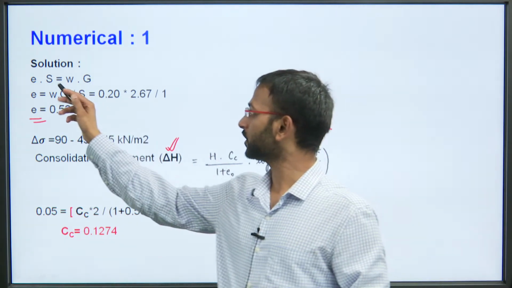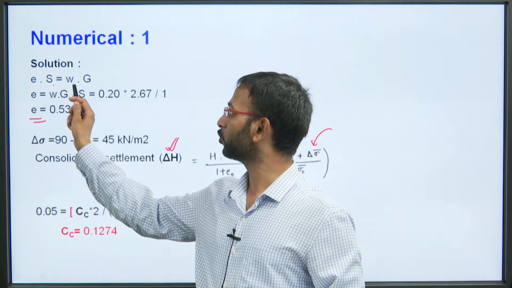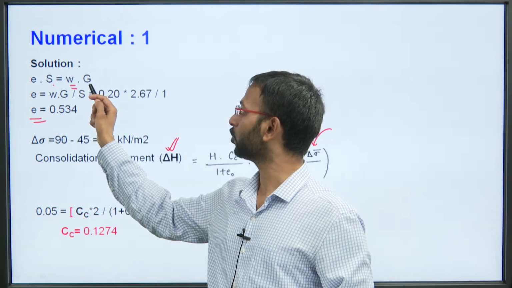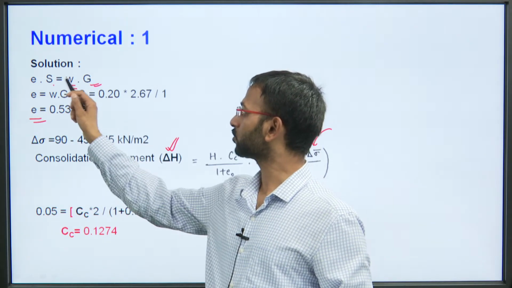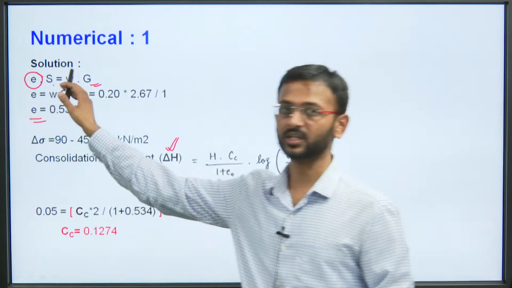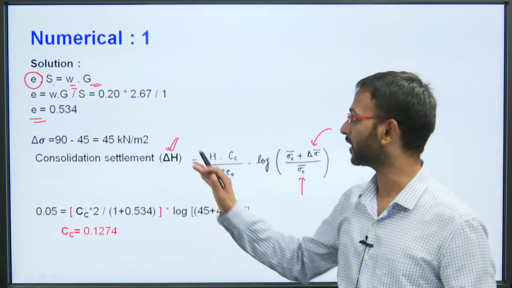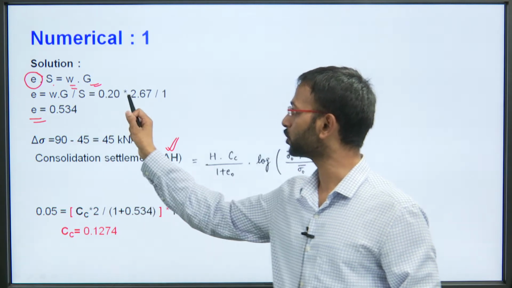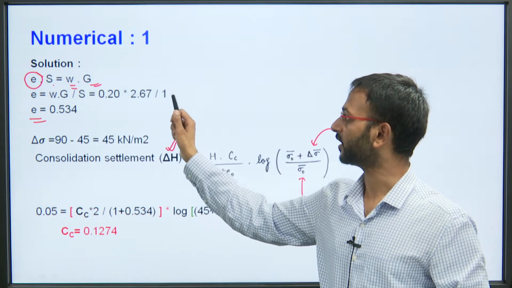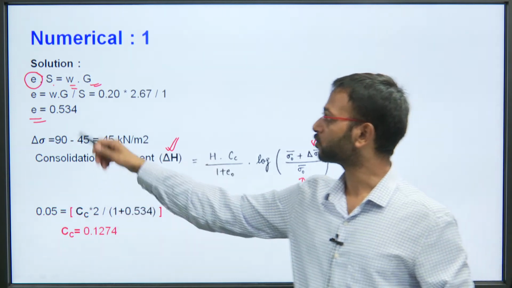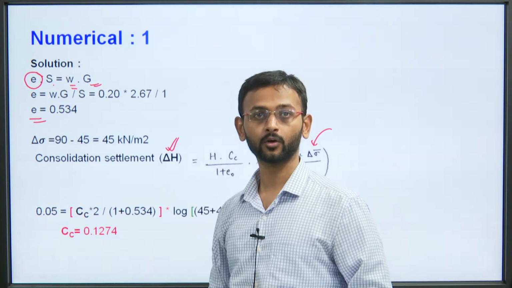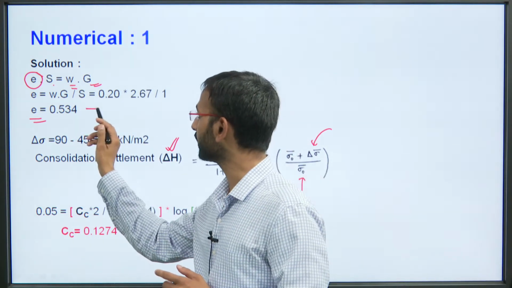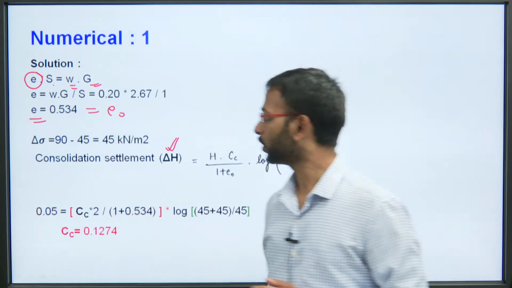S is given as 1, w is 20%, and G is 2.67. So the only variable is e. From e equals wG by S, you put 0.20 into 2.67 by 1. So void ratio comes out to be 0.534. This is the initial void ratio.